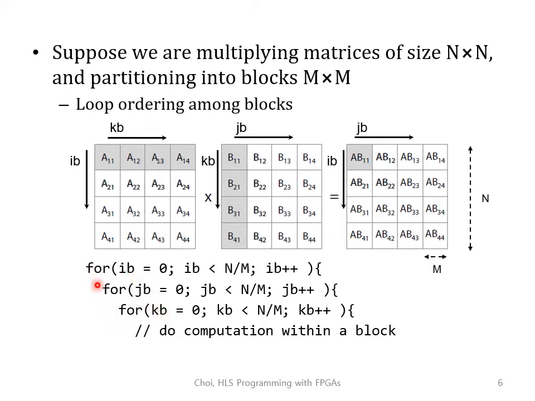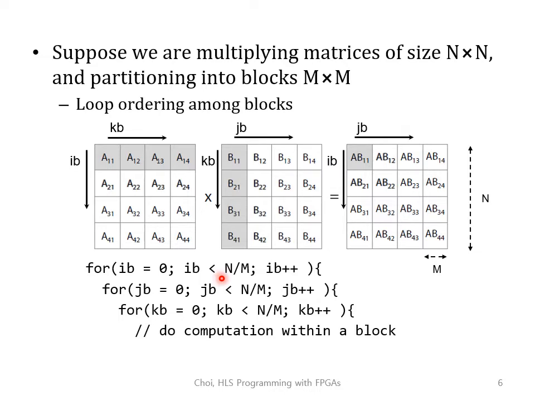And this loop ordering means that we're going to compute AB11 first, and then AB12, AB13, AB14, AB21, AB22, and so on. And that's because JB, this one, is the inner loop, and IB, this one, is the outer loop.